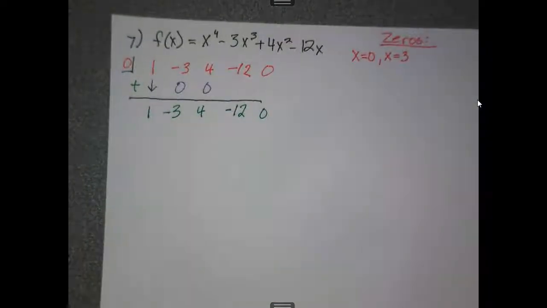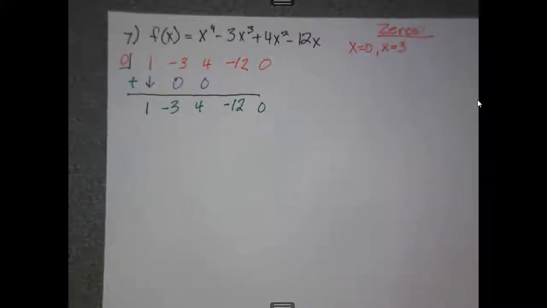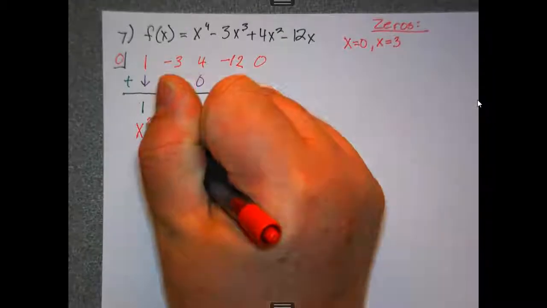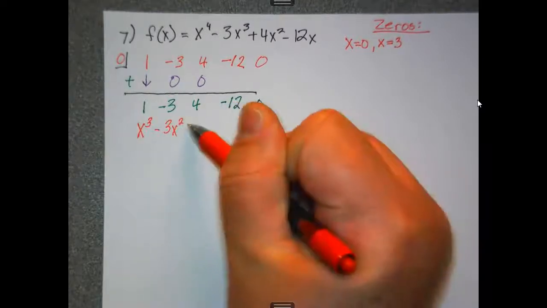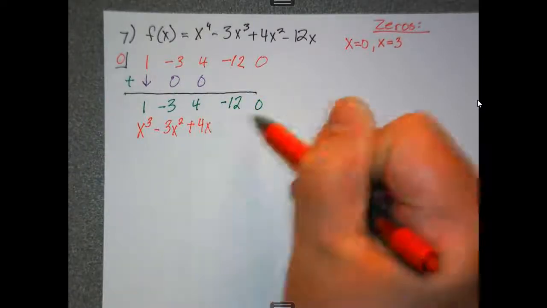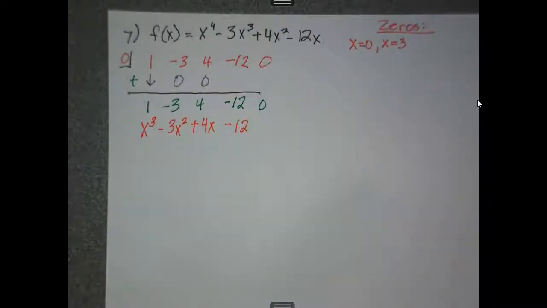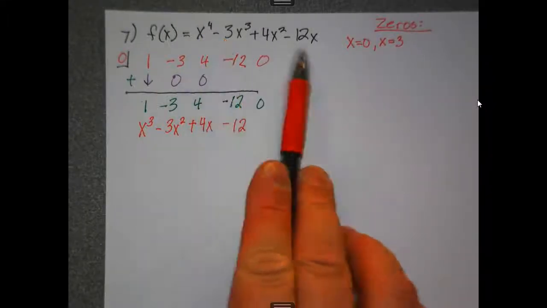Okay, so we divided by 1x. I went from x to the fourth. Here I'm going to have x to the third minus 3x squared plus 4x minus 12. Look familiar? We just took out an x from the original.